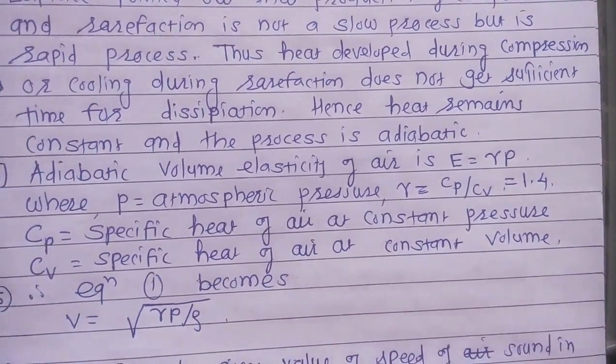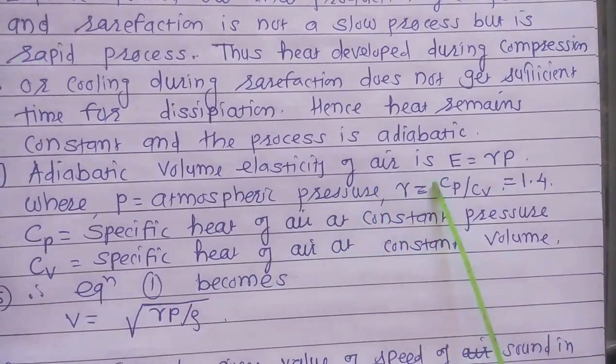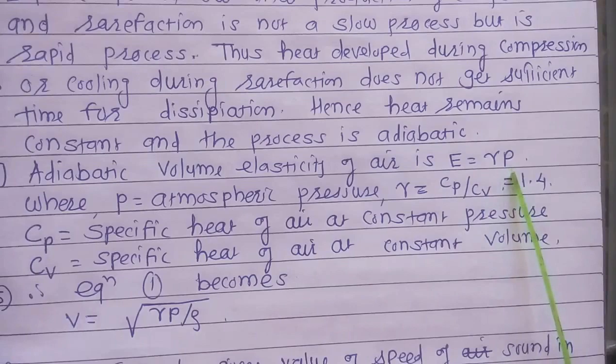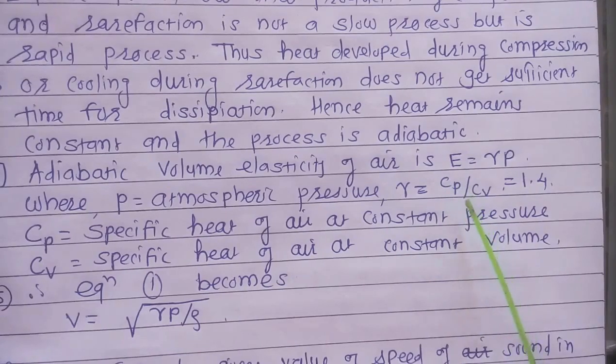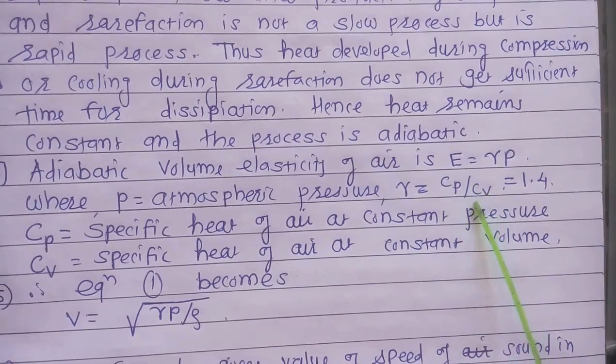Heat remains constant. And the adiabatic volume elasticity of air is E equal to gamma times atmospheric pressure P. What is gamma? Where P is the atmospheric pressure and gamma is the ratio of specific heat of air at constant pressure to the specific heat of air at constant volume. That is Cp upon Cv.